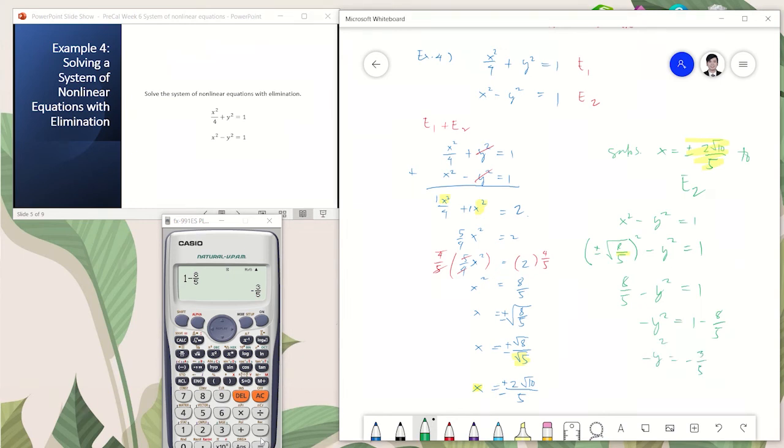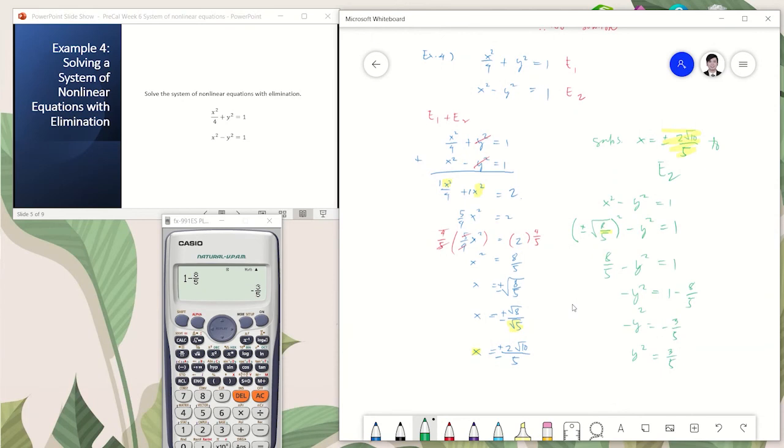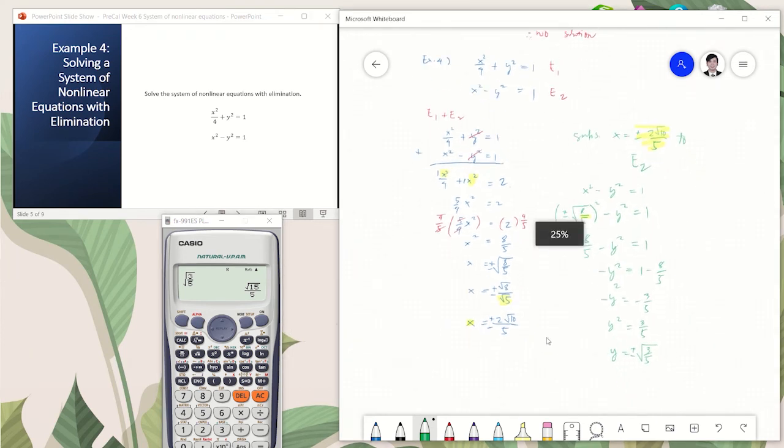Then multiply negative 1 in both sides, you will get positive 3 fifths. And then you get the square root of both numbers. So y is equal to the square root of 3 fifths. That's positive or negative because that's square root. Then, if you simplify square root of 3 fifths, that will become square root of 15 over 5.